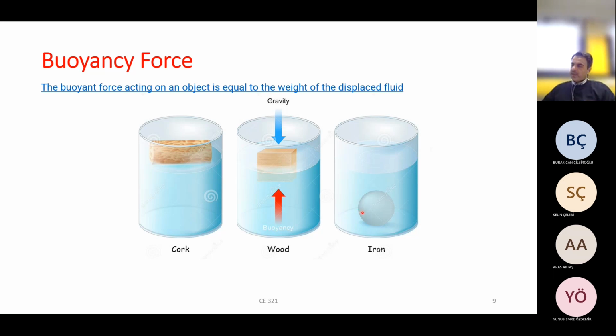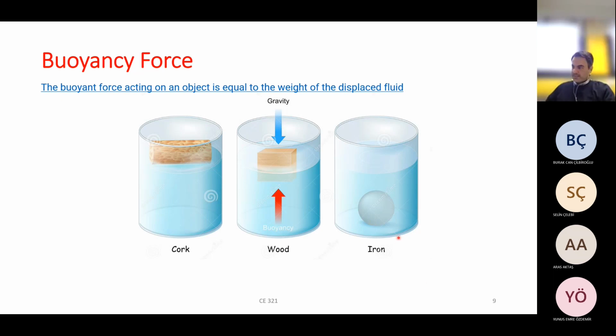How about iron? Iron is too heavy, and the buoyancy cannot keep the object in the middle of the water or on the surface, like these two conditions. This figure says that weight or gravity force is higher than buoyancy force.